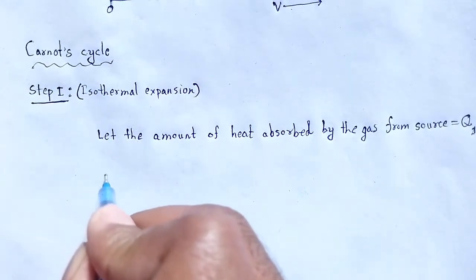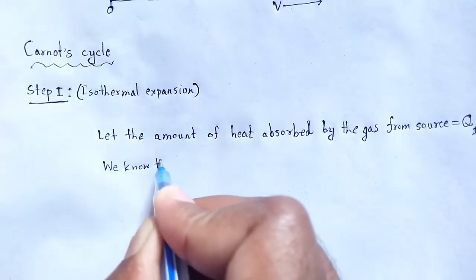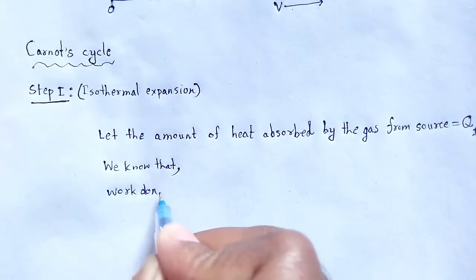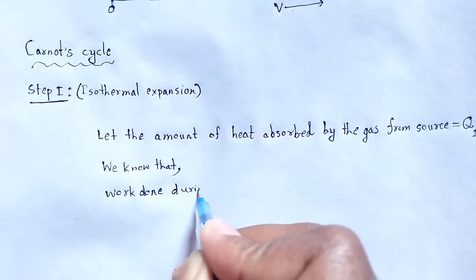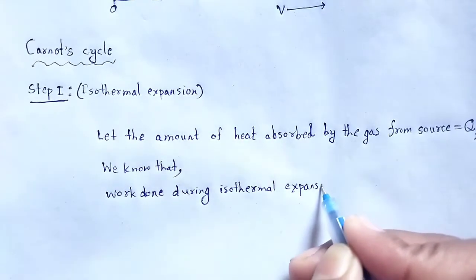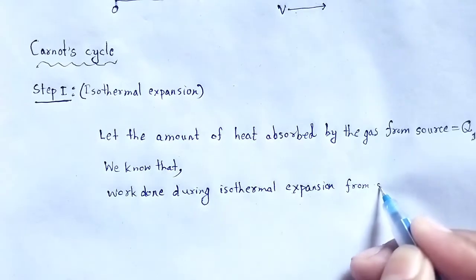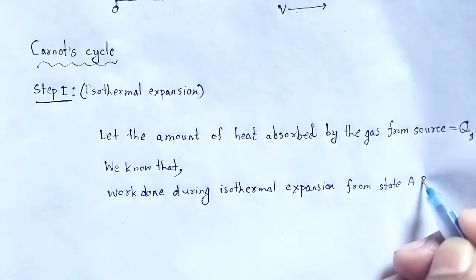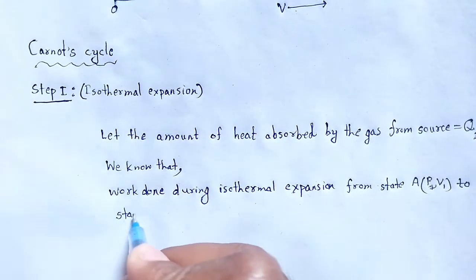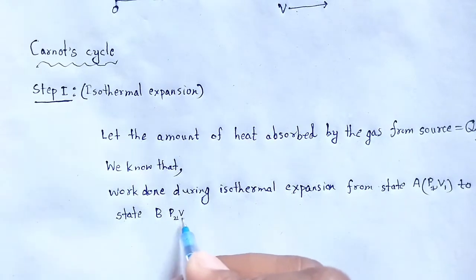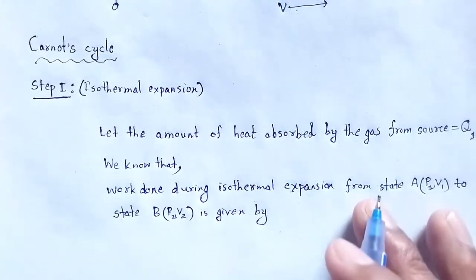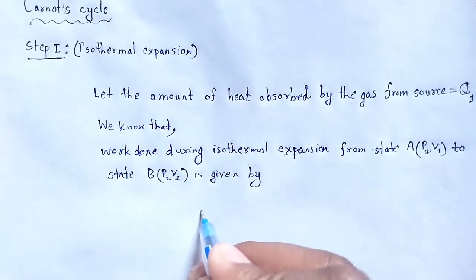We know that the work done during isothermal expansion from state P1 V1 to state point B at P2 V2 is given by, let me say, W1.